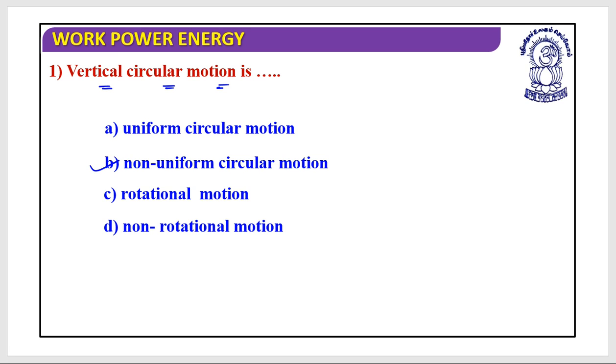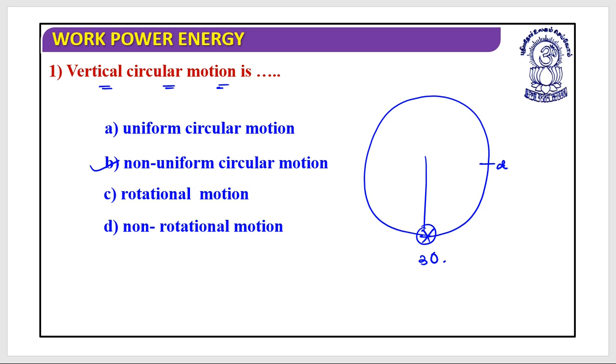It's a non-uniform circular motion, as we recently discussed. As it keeps moving on this path under the effect of gravity, let's say at this point the speed is 30 meters per second, then this could be 20, this could be 10 meters per second, and again this could be 20 meters per second. This data is only for understanding purposes. As you can observe, the speed keeps on changing, and when it is changing, it is non-uniform circular motion.